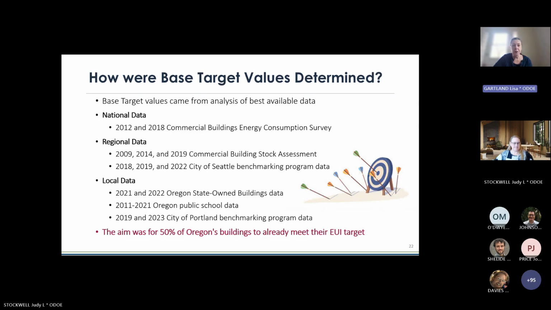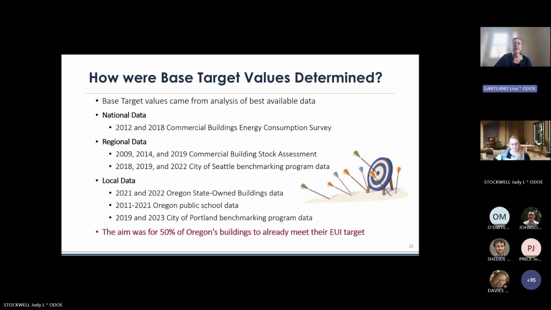We used regional data from the Commercial Building Stock Assessment from 2019, 2014, and 2009. There was also some City of Seattle benchmarking data that we used. Then there was local data from Oregon: state-owned buildings data, Oregon public school data, and some data from the City of Portland benchmarking program.